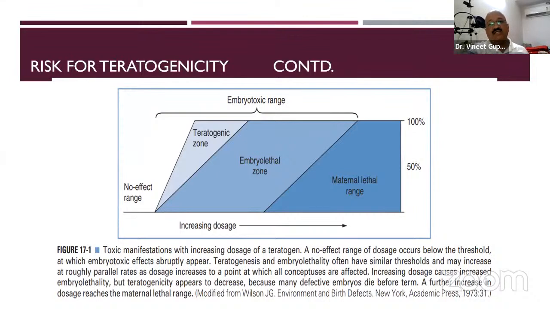So teratogenicity is studied only in embryos who are born live or evaluated well. Then once the dose crosses the embryo lethal zone and the embryo has also died, it starts affecting even the maternal population.